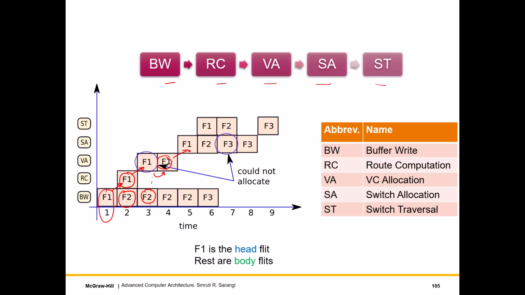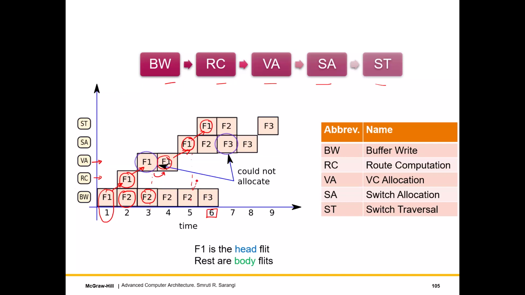That is why in the fifth cycle, F1 goes to the switch allocate stage, and F2 still remains over here, because for F2 we don't have to compute a route or allocate a virtual channel, because these are done only for the head flit. They are not done for body flits. Then in cycle 6, F1 has allocated a switch, so it traverses the switch, and at this point there is no stalling, so F1 is gone.